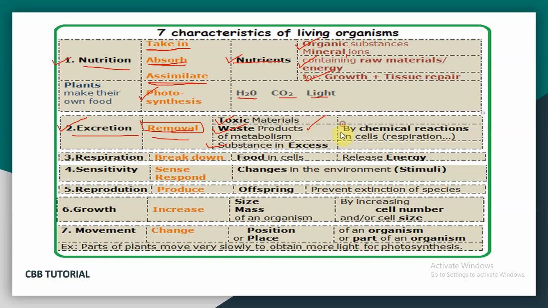This is done by chemical changes or chemical reactions in cells. Third one, respiration, the breakdown of molecules, that is called respiration. Food in cells is broken down to release energy.